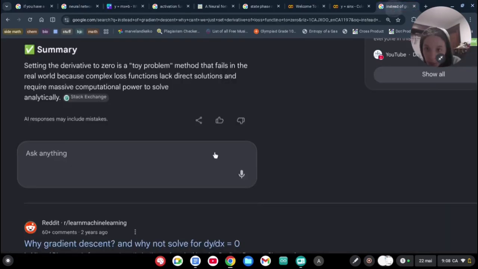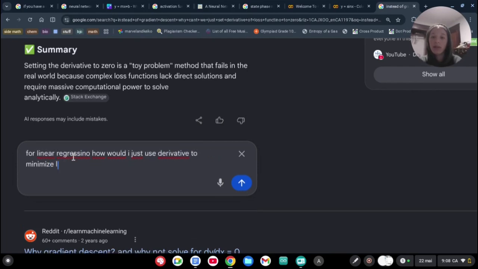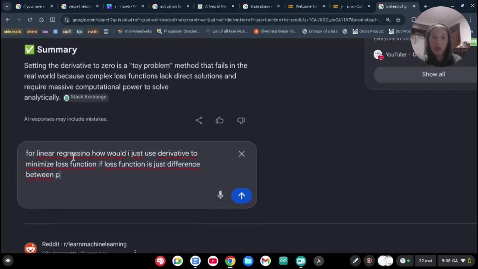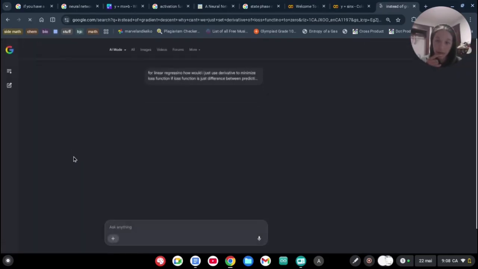So should I check it out? For linear regression, how would I just use derivative to minimize loss function? Loss function is just difference between prediction and real life. Let's see what it says.